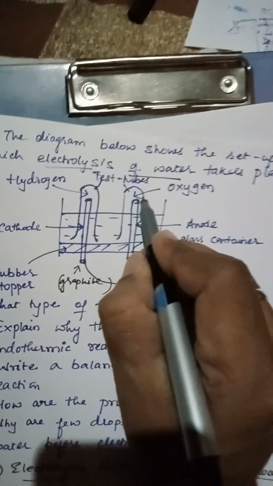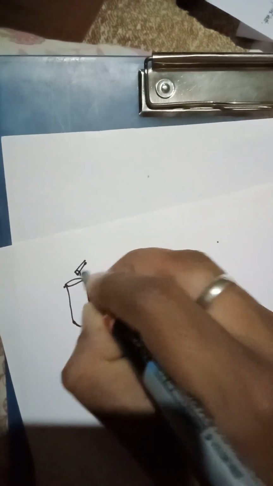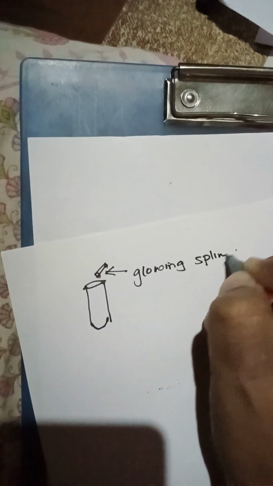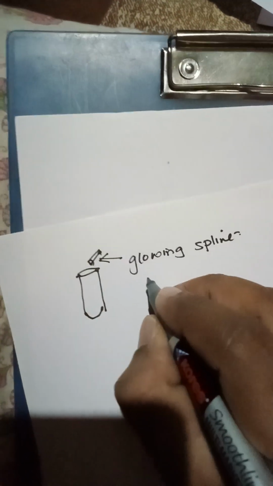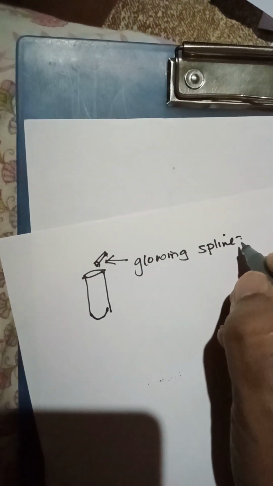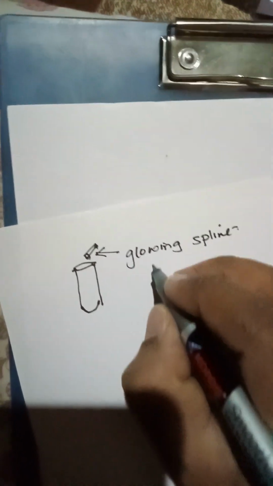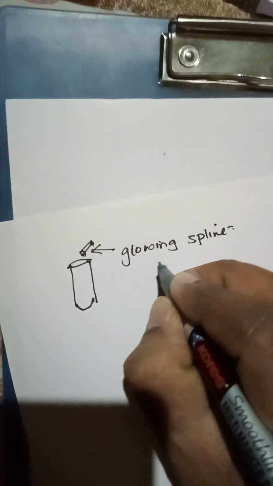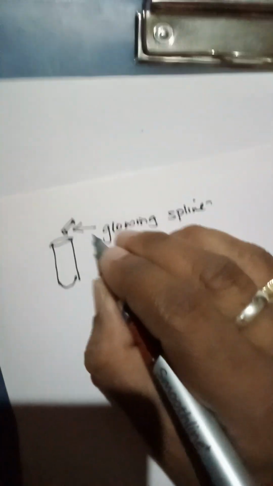This is the test tube that contains oxygen, and we bring a glowing splint. Glowing splint means it's like a red hot splint, or an agarbatti which is lighted, glowing red in color. So that's a glowing splint.